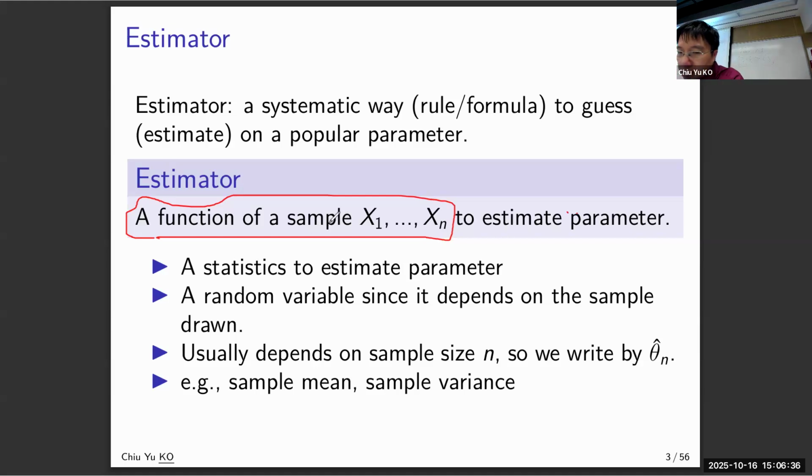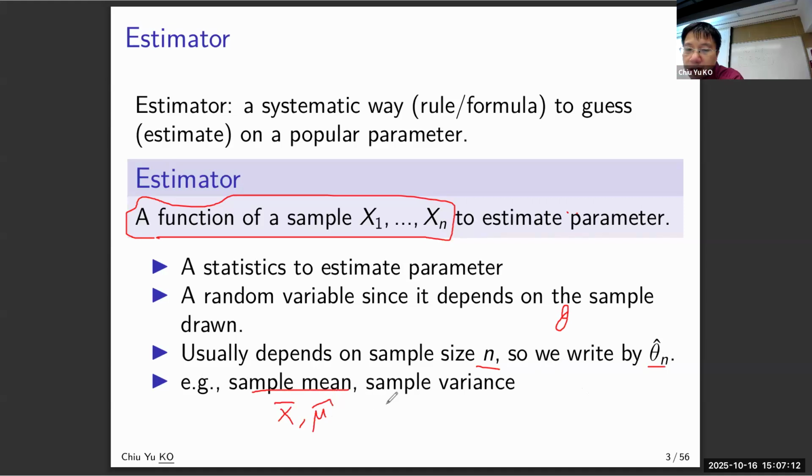And very often it depends on n, so we are going to be a little bit picky on the right term. If you want to guess theta, we will write theta n hat. Very often we write it this way. So for the sample mean, sometimes we write it this way, but in some textbooks they will write mu hat.